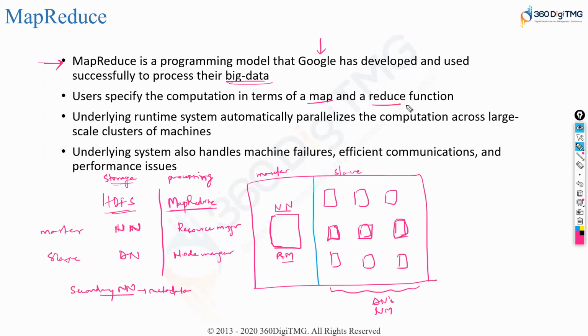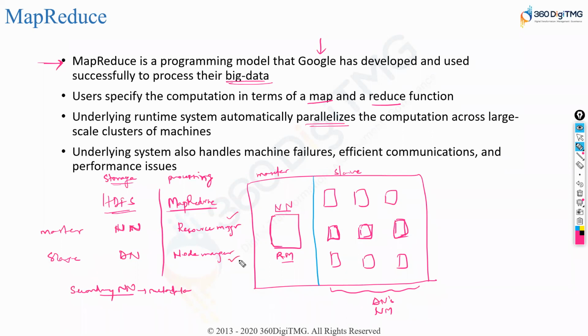The map function is a different task. The reduce function is a different task, right? And these tasks are getting executed on different nodes in parallel. Parallelization can be achieved, right? And to understand the flow, we have resource manager and node manager.